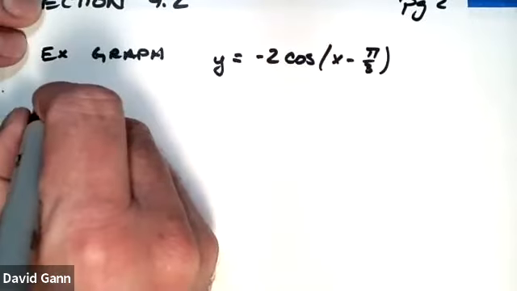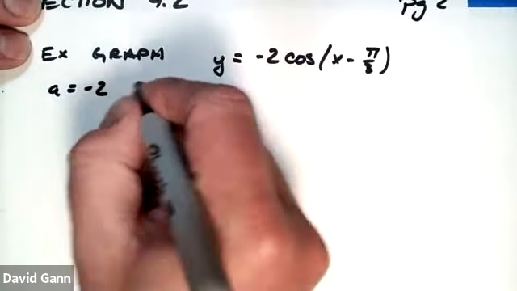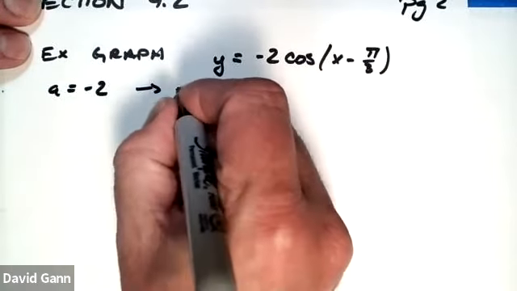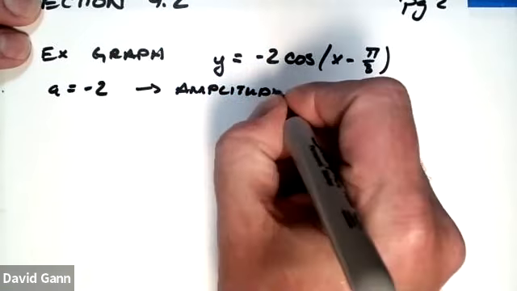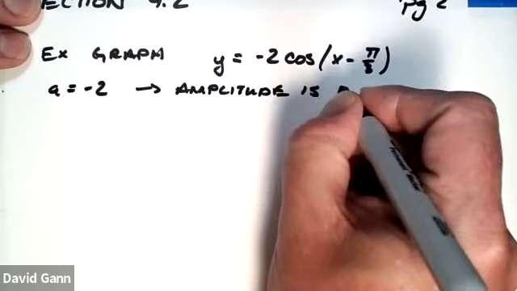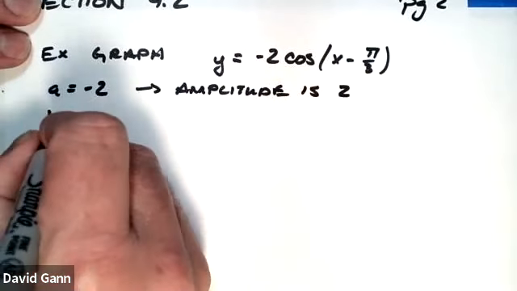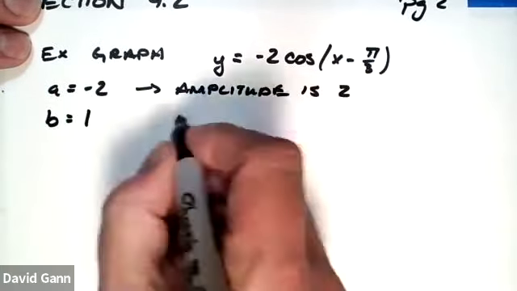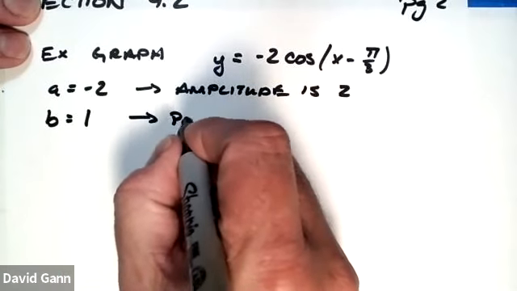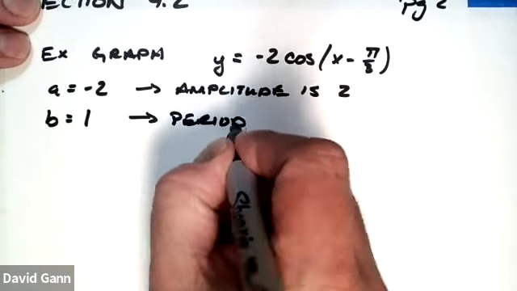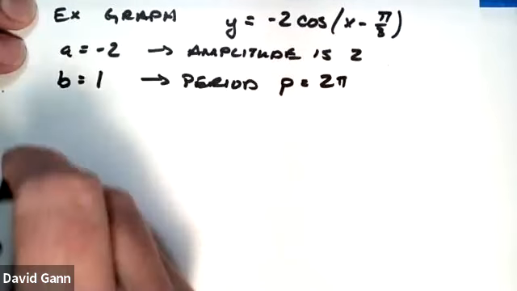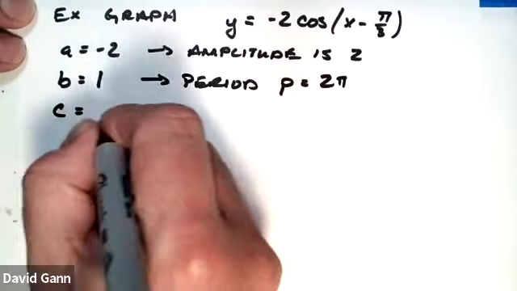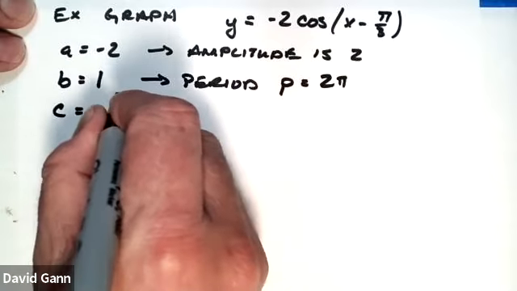So if I peel these off, a equals -2. So this tells us the amplitude is 2. And b equals 1. That tells us the period p equals 2 pi. And c equals a positive pi over 3.